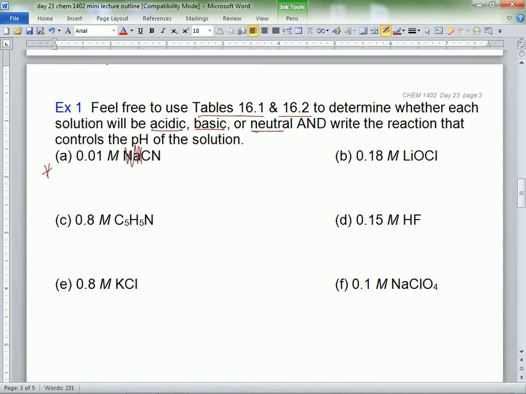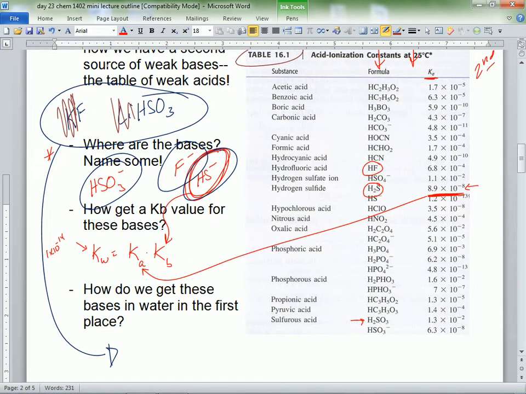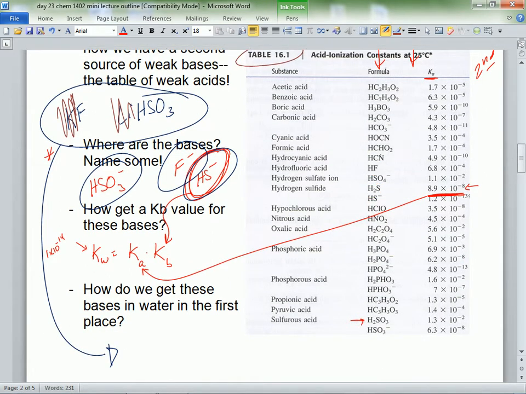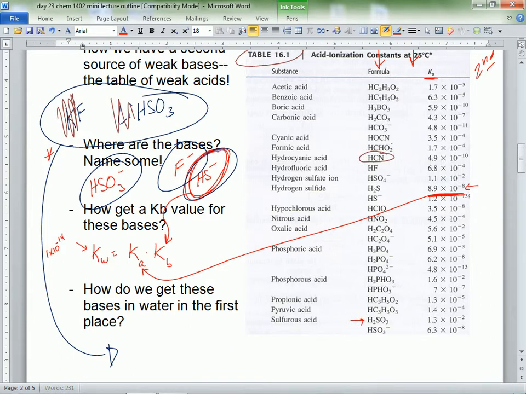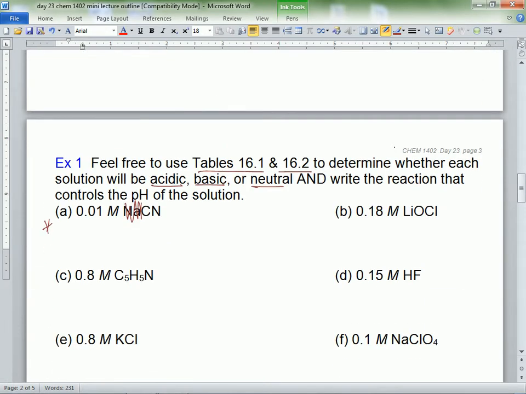Well, it's actually a negative, but it's the conjugate base of this guy, right? So a couple hints. One is you can find them in the table. The other one is, well, heck, it has to be a conjugate base, right? Cyanide, it has to be a conjugate base. It has to be basic. Okay, so you'd write basic.